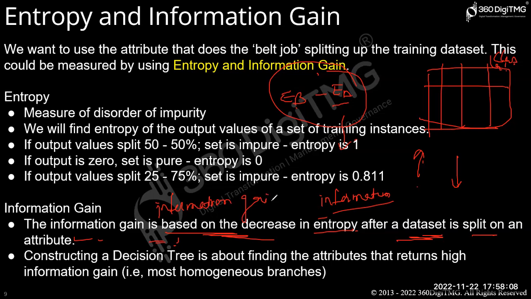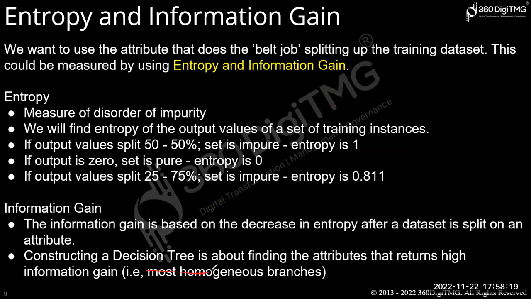Information gain is the entropy before split minus the entropy after split. Constructing a decision tree is about finding the attribute that returns high information gain. We consider various attributes, right? For each attribute, what happens after the split? How much entropy do we get after the split?